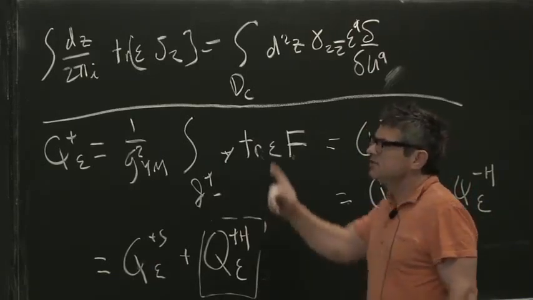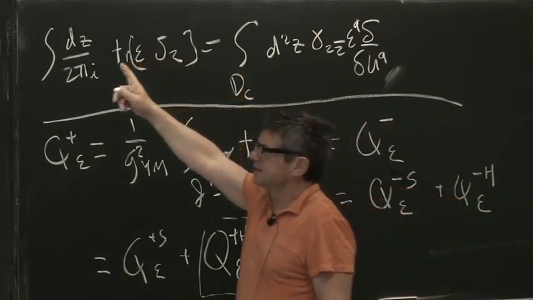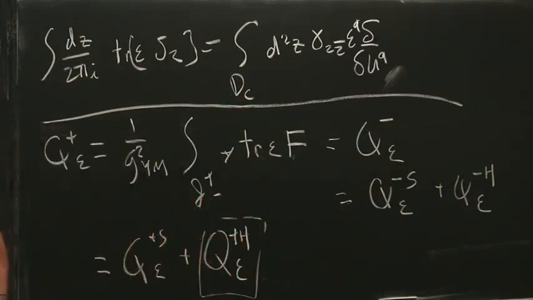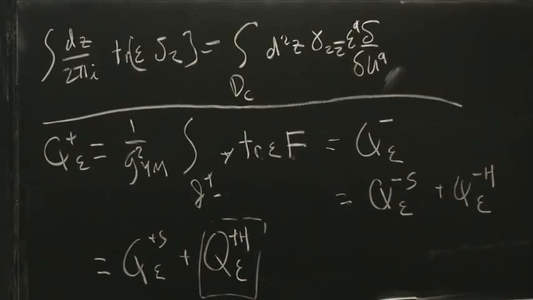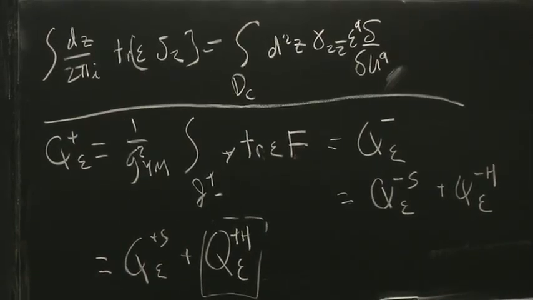Now, this JZ generates transformations on anything that's inside the contour C. So it's reformulating things in a slightly different way, in a sort of more democratic way.